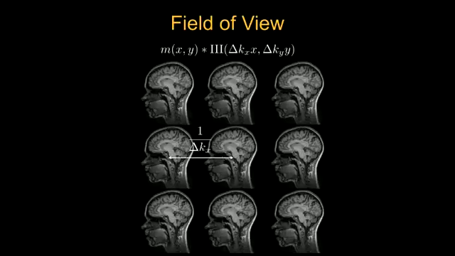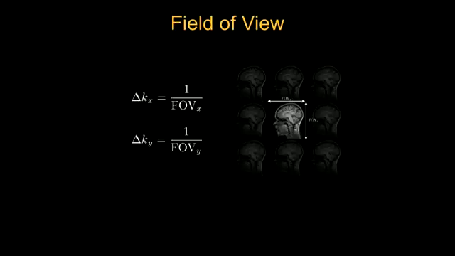The field of view is the distance between this and another replication, and that is governed by 1 over delta kx. Same thing along the y direction: the distance between this and another replication is governed by 1 over delta ky. So again, delta kx is equal to 1 over field of view x, and delta ky is 1 over field of view y. Okay?